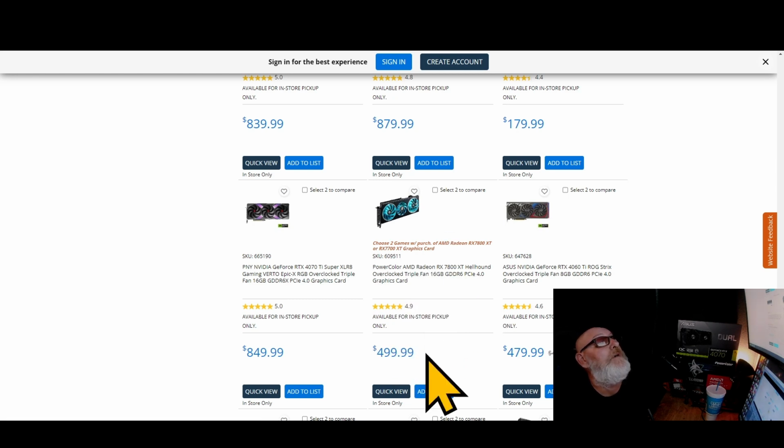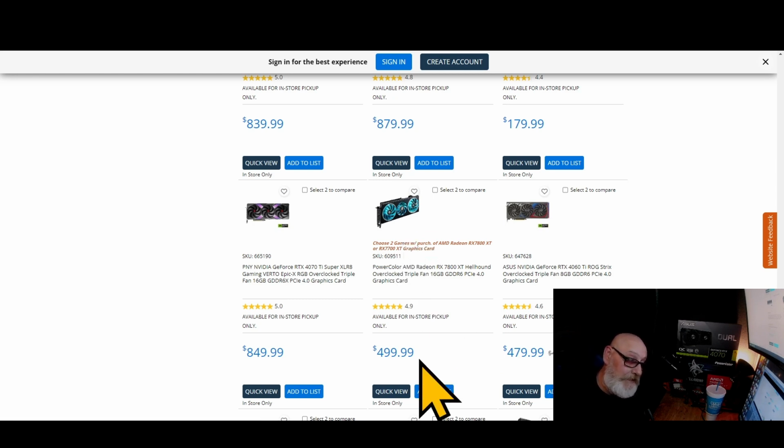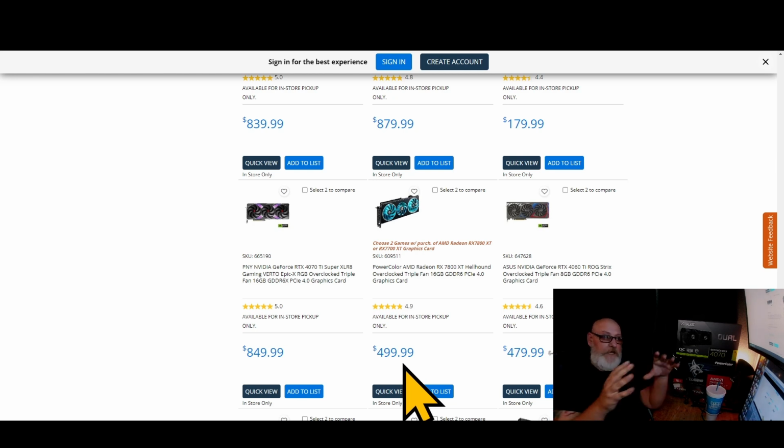So that brings it down to $399, because that's with 2 games. Say $100 for the 2 games. So you'll be paying $100 for your games on Steam, and then that means this graphics card will be $399 because it's physical merchandise. See, you got 2 types of merchandise. You got your physical and you got what I call mental merchandise.